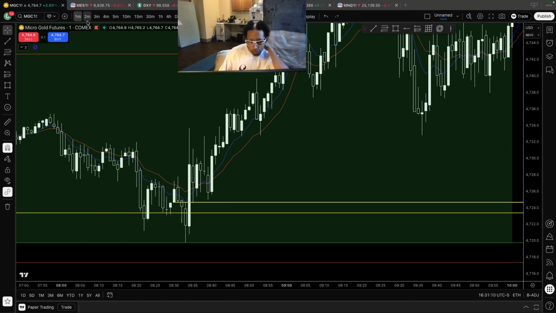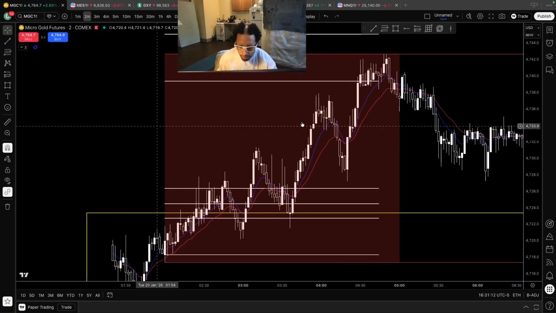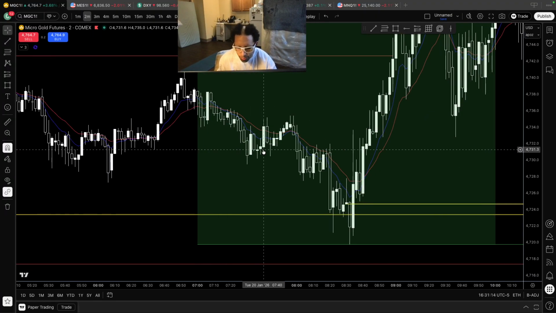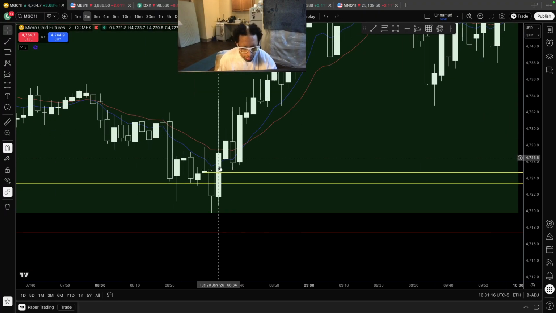So we come over into the 2 minute, and we actually get, it's a little bit less displacement on the close, but we still closed over this and we still closed over that. So market structure shift.